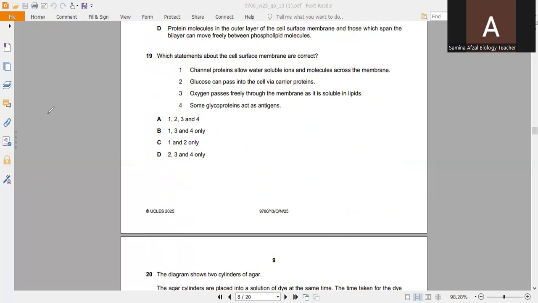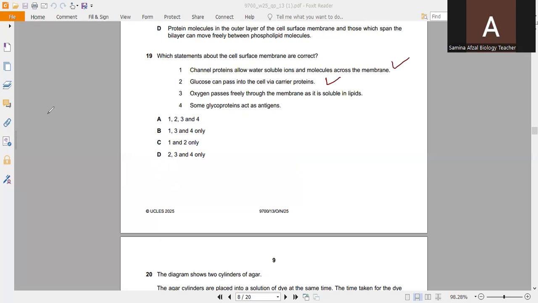This is correct because hydrophilic ions and polar molecules cannot easily cross the hydrophobic core of the lipid, so they rely on the hydrophilic pores of channel proteins. Glucose can pass into the cell via carrier proteins, because larger polar molecules like glucose cross the membrane via facilitated diffusion, so they use carrier proteins.